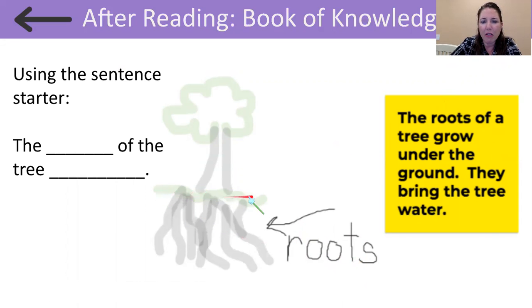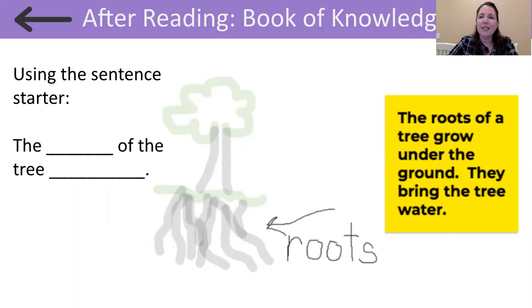So I drew my ground here, and these lines underneath that I pointed to with my arrow are the roots of my tree. And I used my sentence starter to write down that the roots of a tree grow under the ground. They bring the tree water. So that was something that I learned from this article that I would like to remember.